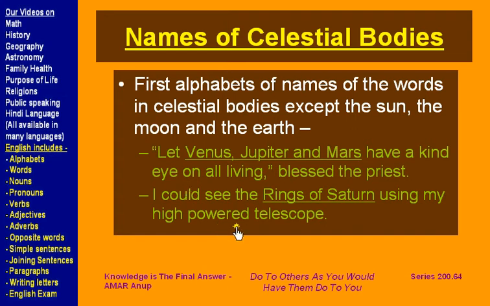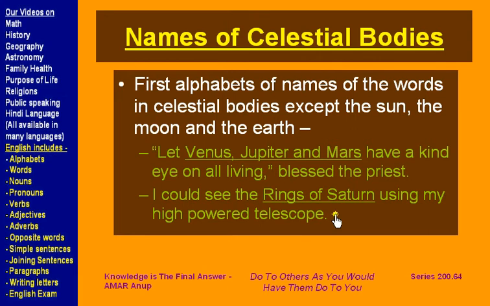Another example, I could see the rings of Saturn using my high powered telescope. Now Saturn is a planet, and you can learn more about various planets from Sun, Jupiter, Earth, all those in another presentation where we give you introduction on astronomy.